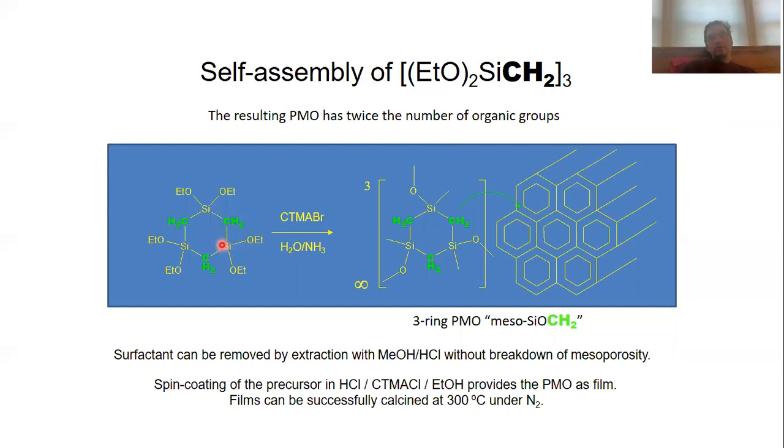And that increases the ratio between the organic group and silicon further to a ratio of 1:1. So you can have twice as many organic groups within the channel walls. Also, such a ring structure easily assembles to form a periodic mesoporous organosilica material.